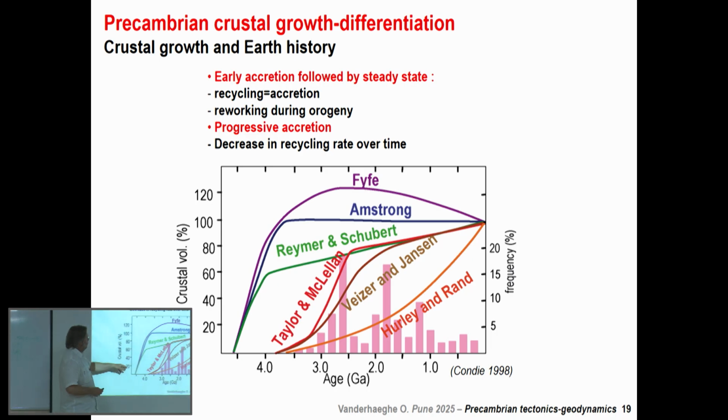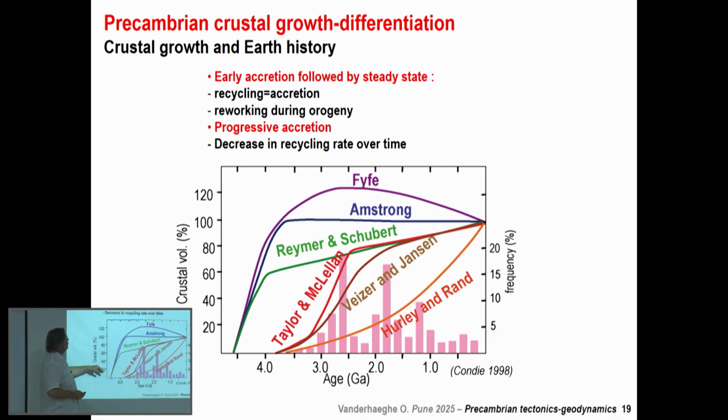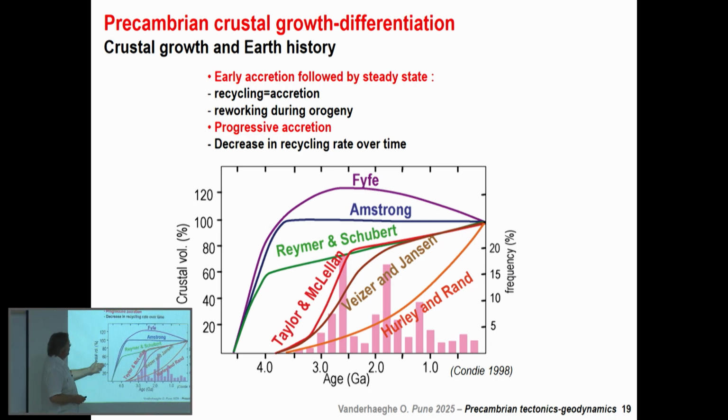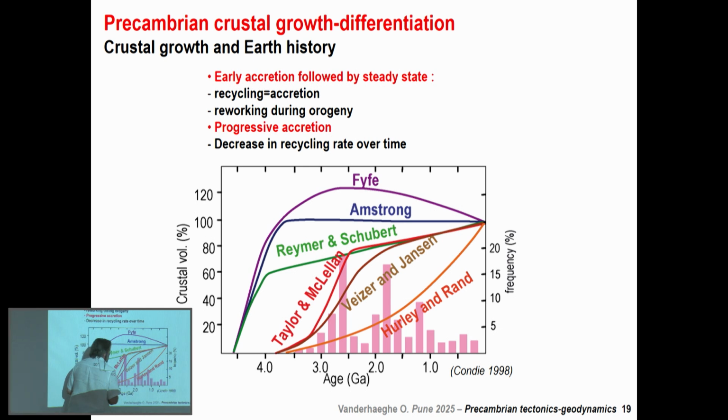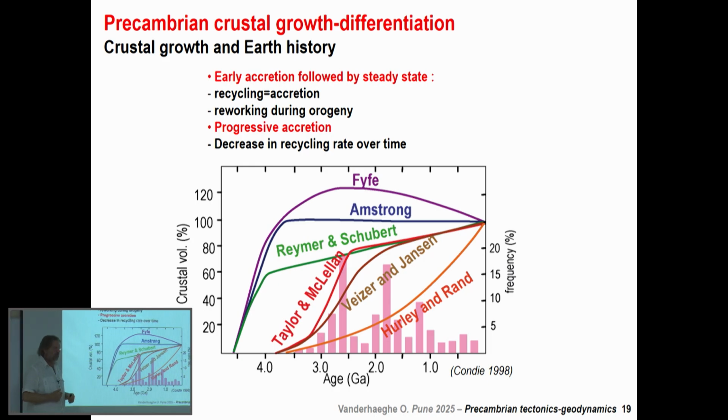So now let's look at what we have as propositions for the growth of the crust during Earth history, mostly the continental crust here. So that's 4.5 billion years ago, that's today. And everything has been proposed on different types of reasoning.